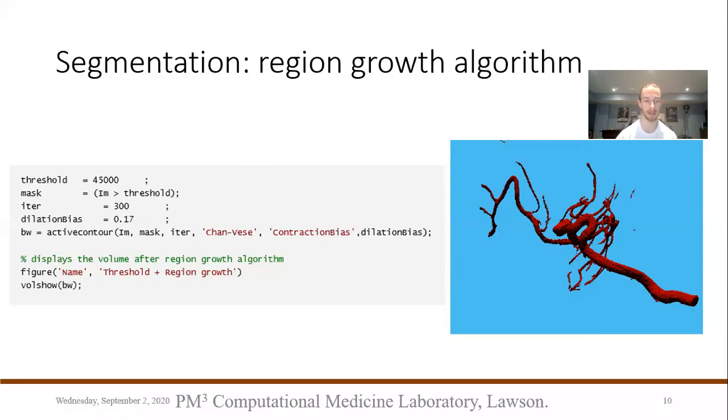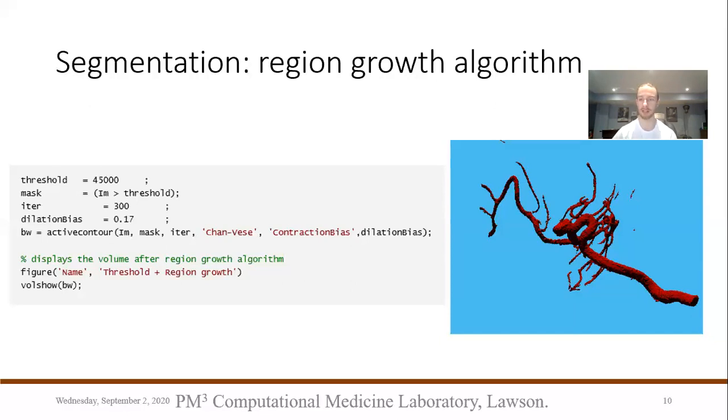The dilation bias determines the tendency of the algorithm to go outside or inside of the border of the feature that you are trying to segment. I found that 0.17 gave me a fairly good volume for this particular image.